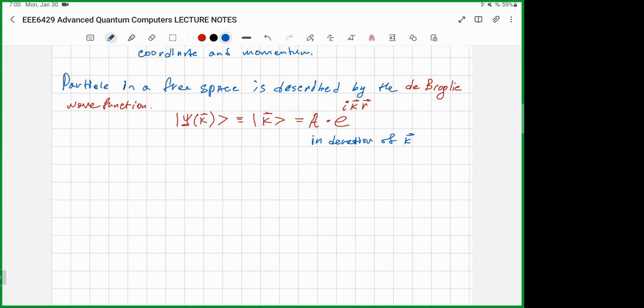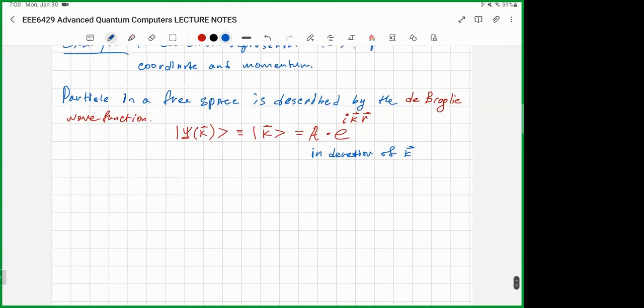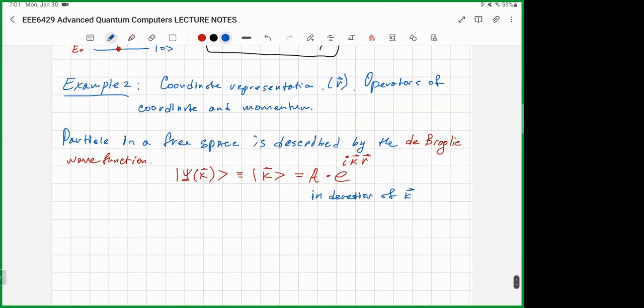And in different situations, it can behave as a particle or as a wave. For example, when we measure an electron, we always measure the electron as a whole, right?